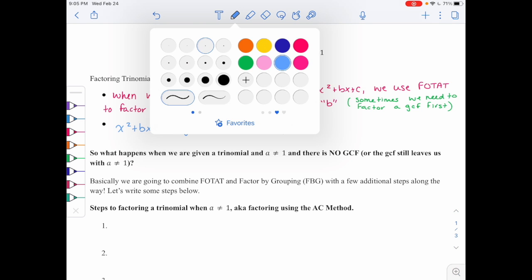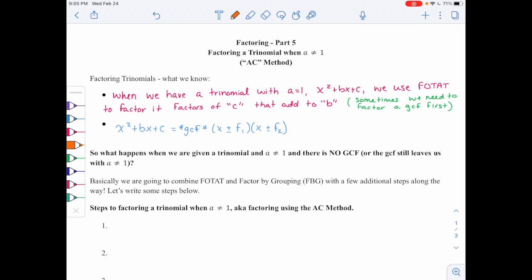So that's what we come up with in our FOTAT process. If I did my factors of C that add to B, we would want F1 times F2 and F1 plus F2. Whatever I get there ends up in my factors. And the sign is just directly related to whatever the factor is. If it's -2, then it's x minus 2. If it's +3, it's x plus 3.